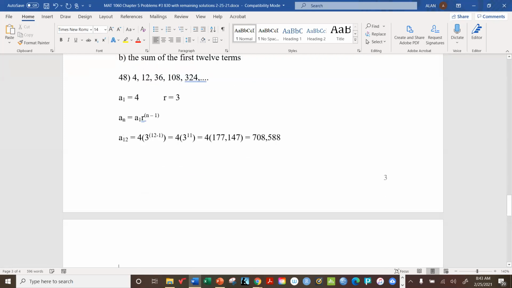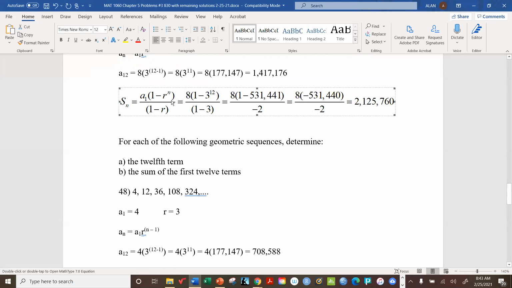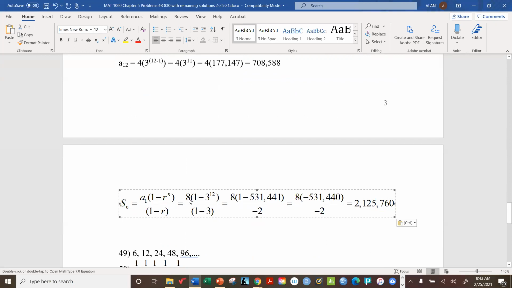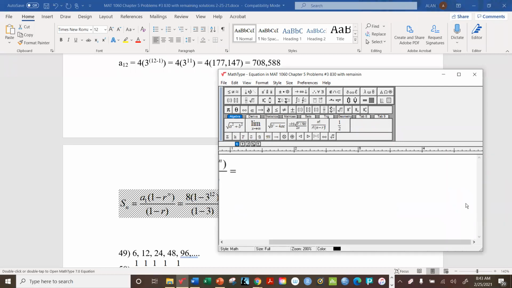All right, and then we get the sum again, the first 12. All right, let's just borrow this one. All right, so what's different this time?